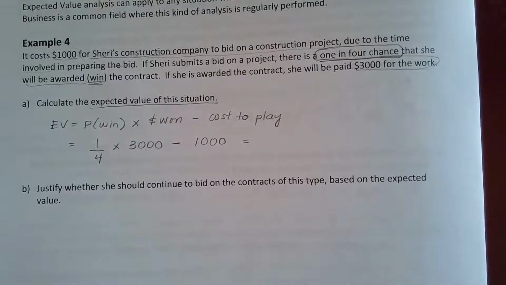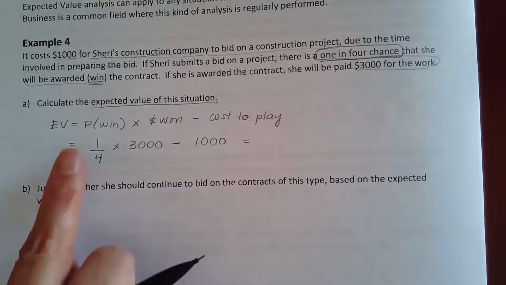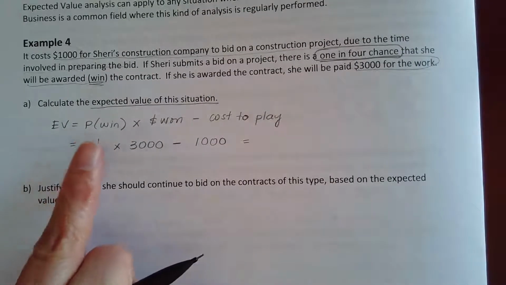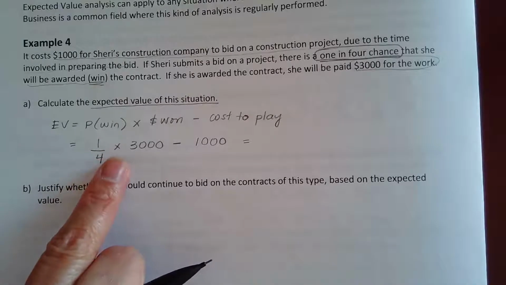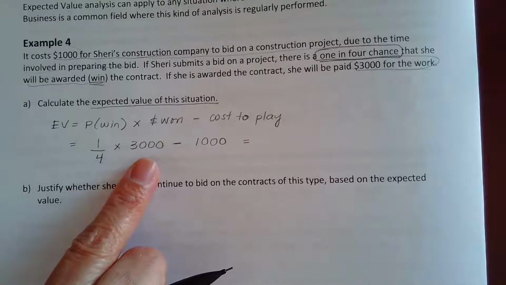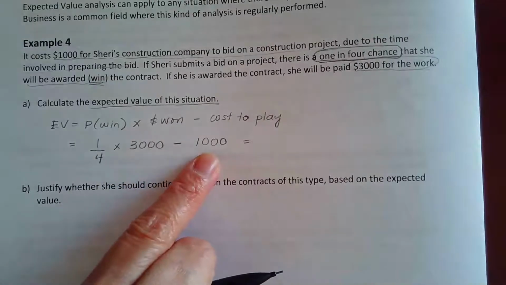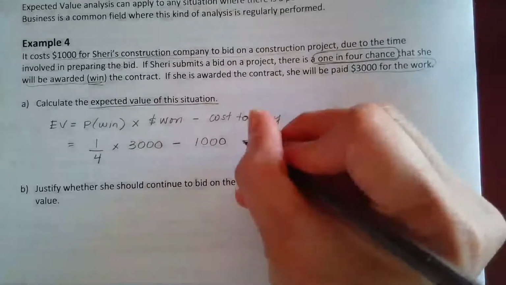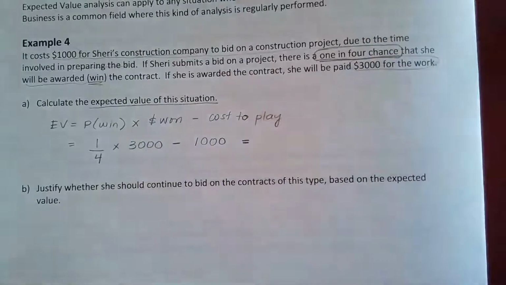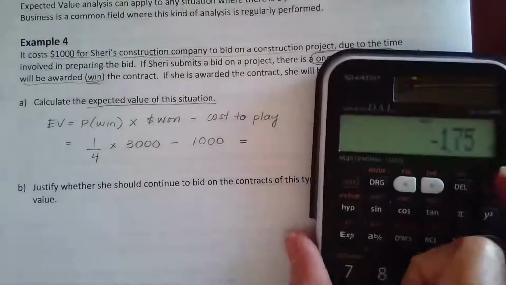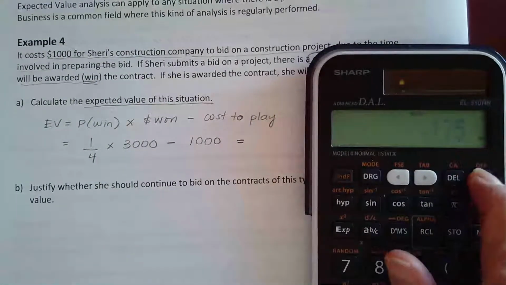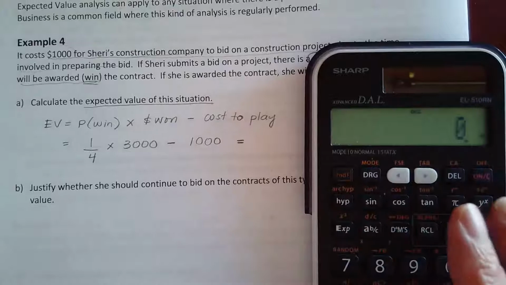So probability of winning is 1 out of the 4 chances, and if she wins, she's going to get $3,000 for the work, and then minus the $1,000 that she had to start off with to get the bidding going, to participate in the bidding.